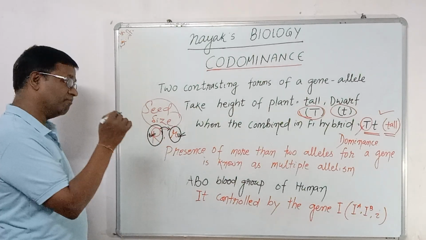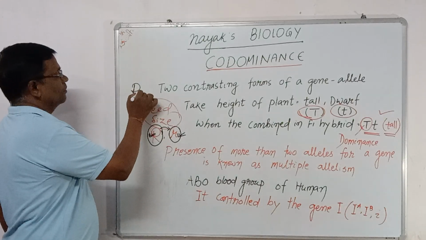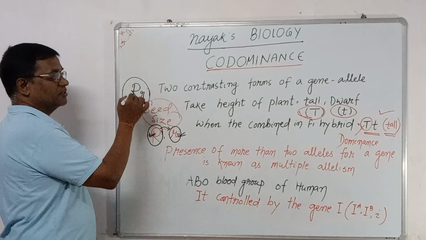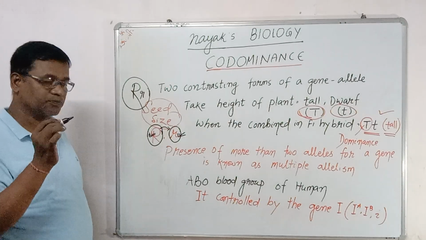That's why when they combine in the F1 generation, we write capital R, small r, and this seed becomes round because capital R is dominant over small r.